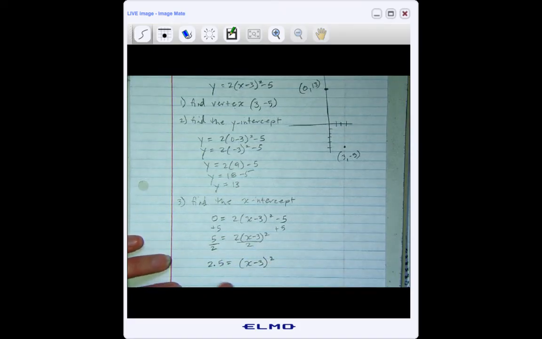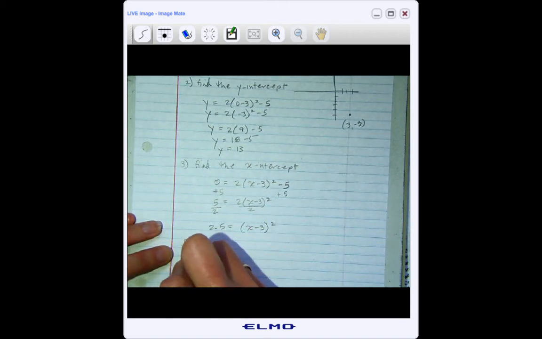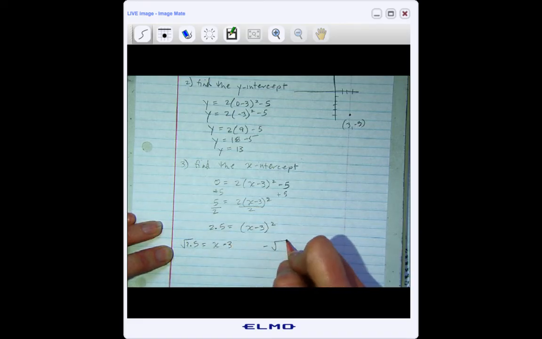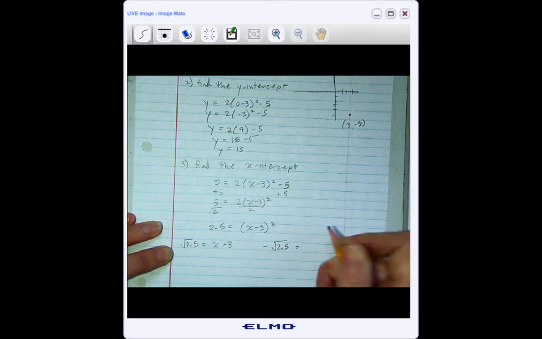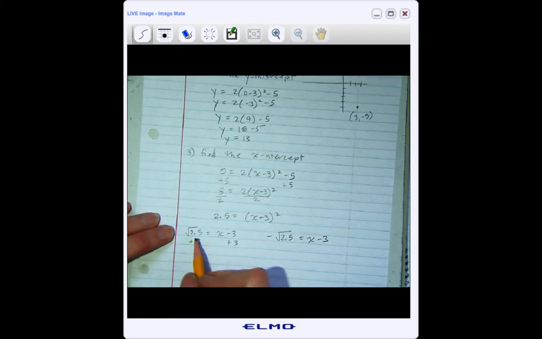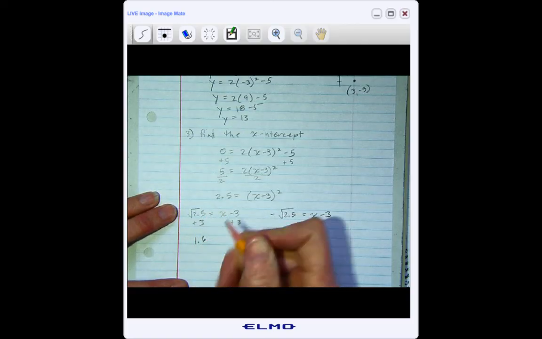I'm going to take the square root of 2.5. Okay. And that could either equal x minus 3, or I'm going to take the opposite of the square root of 2.5, equals x minus 3. So I'm going to add 3. Okay, so the square root of 2.5 is approximately, when I use my calculator, 1.6.